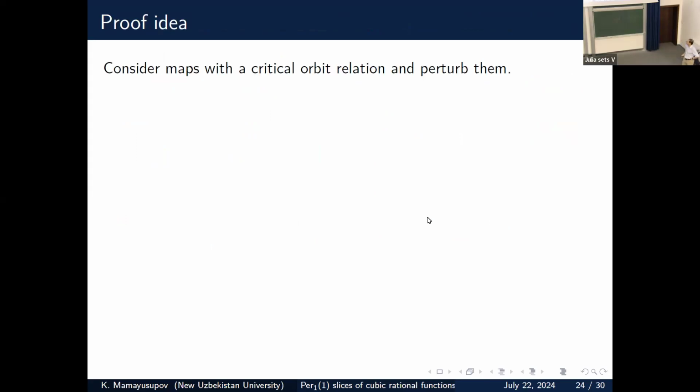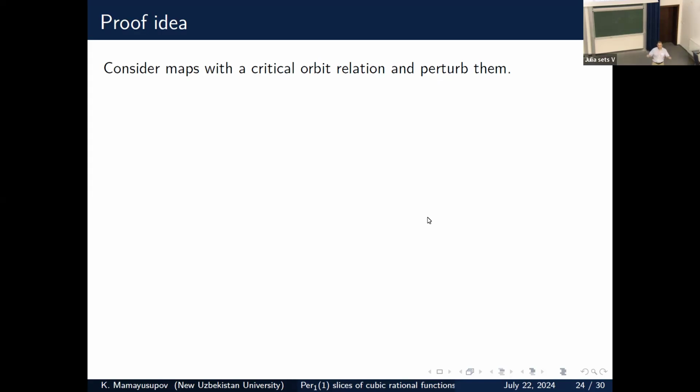Now I give the proof idea of the result about the H0, so it's the wings of the butterfly. So now you take, there is a center, which is when you have a critical point.